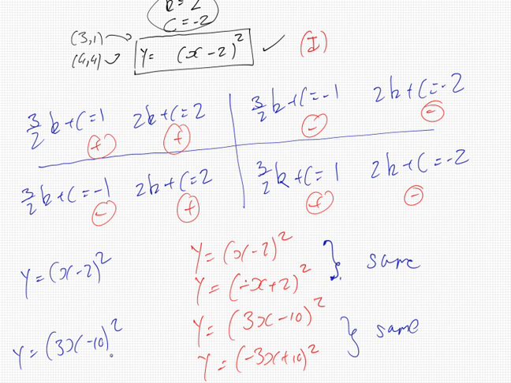Now I do wonder if this one works. If I put in 3, 9 minus 10 is minus 1 squared is 1. And then if I put in 4, it does work. So in fact there are 2 answers here, although the mark scheme only has this answer here.